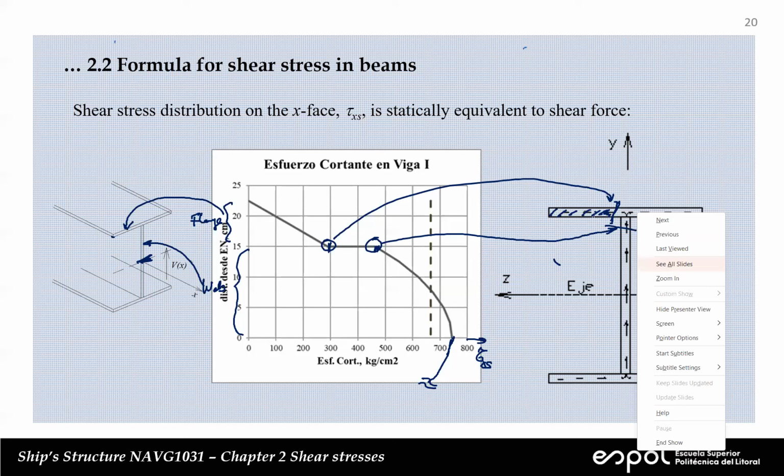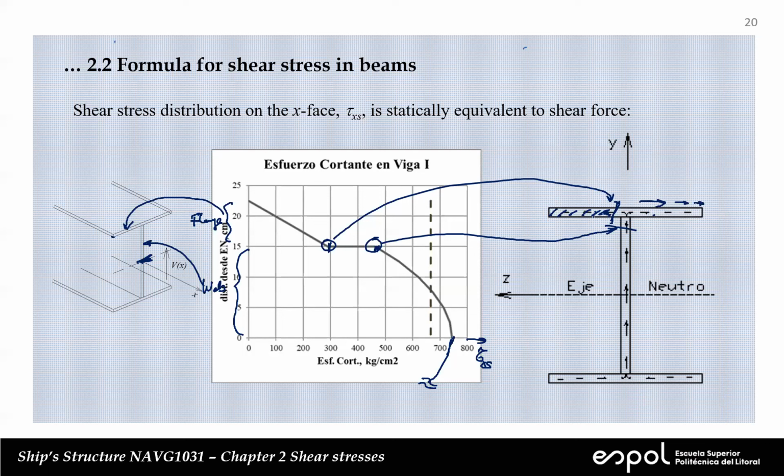Why to the left, why to the right? Because they have to cancel, because you cannot have a net force in the z direction. Okay, thank you. No problem.